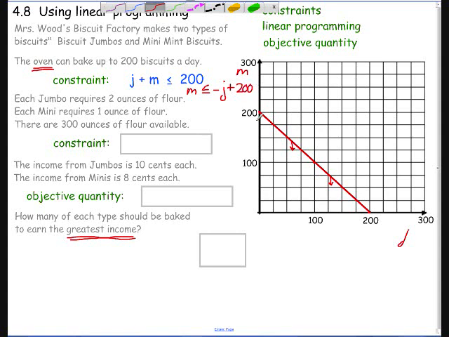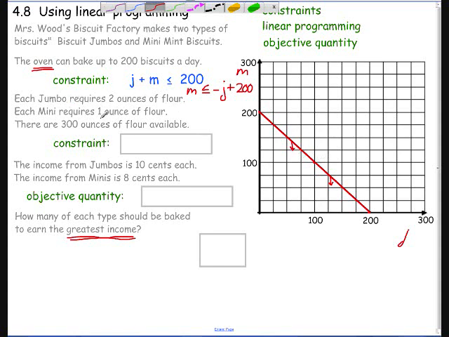You will see that in graphing my boundary line, I anchored myself right here at M being 200, and I had a downward slope of negative 100 over 100. That's the same as negative 1 over 1, isn't it?